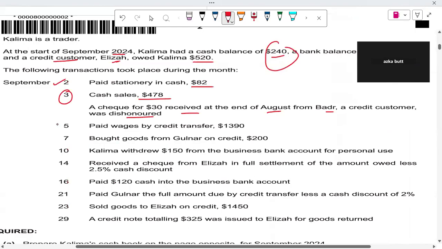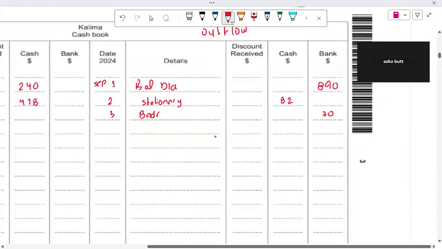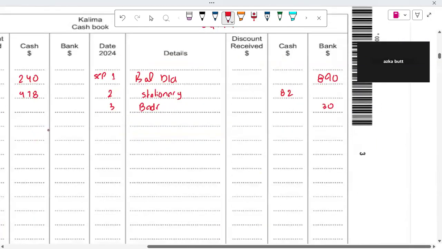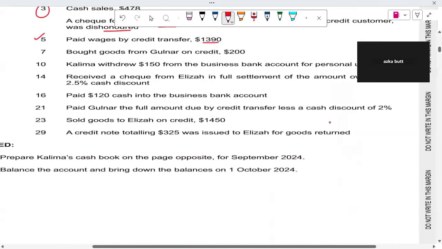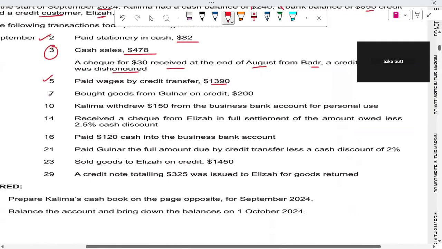On 5th September, we paid wages by credit transfer, $1390. So again, this is an outflow, and that's why we will record it here. On 7th September, we bought goods from Gulnar on credit, which is $200.